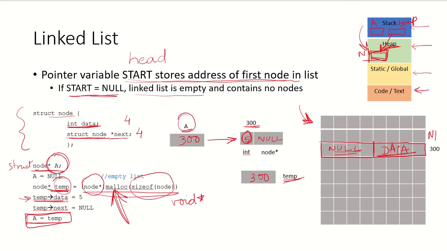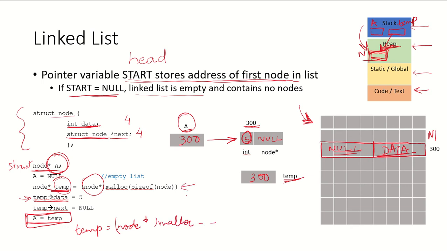Now if we have to add more nodes to this list, we can again do a temp and a node pointer malloc the way we did over here. So suppose another node is created over here which is at 400. Again we are collecting its value in temp, because temp is available for use now. So temp is pointing to this new node 400.